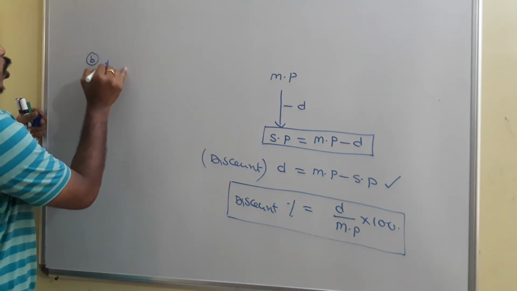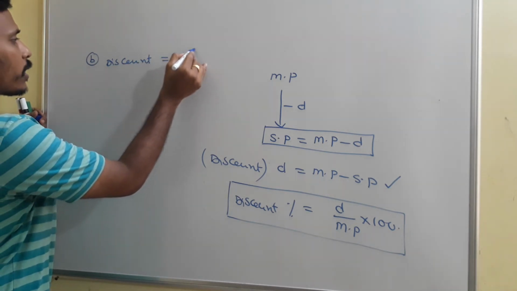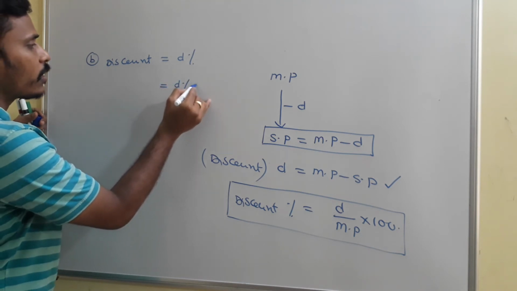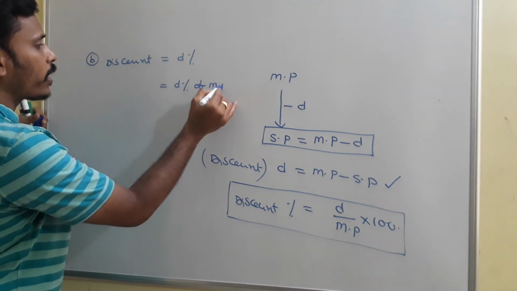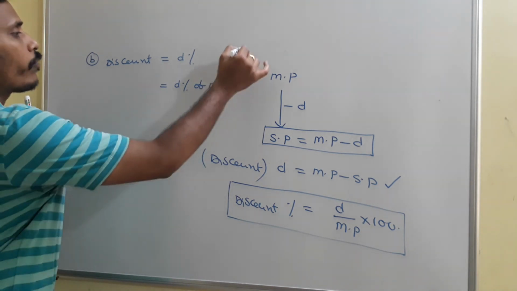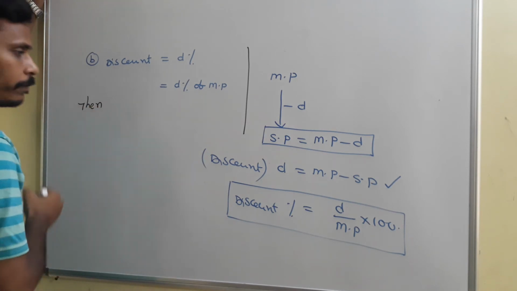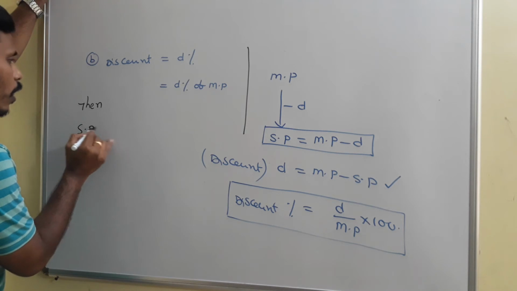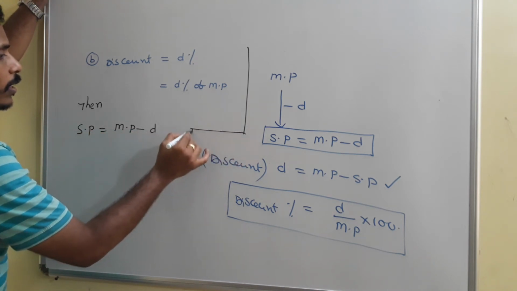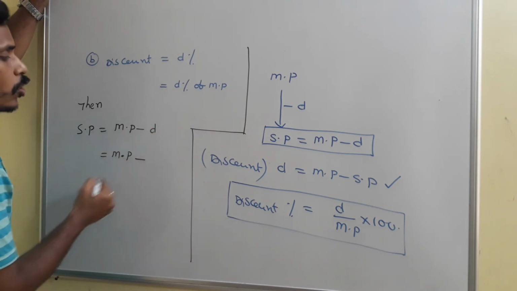Suppose the discount is given as D percent. Since discount is given as D percent, this is nothing but D percent of market price, that's the given thing. Then what do you say about selling price? Selling price is equal to market price minus discount. What is the discount here?